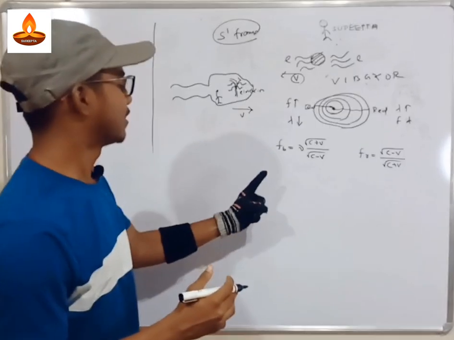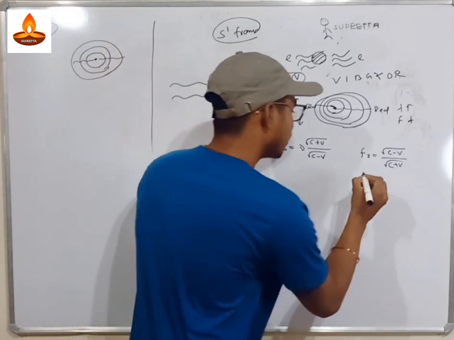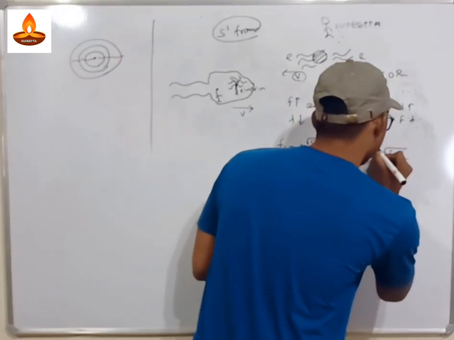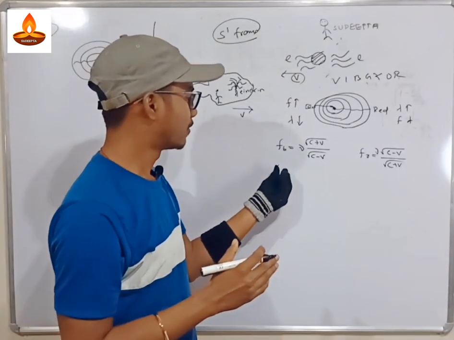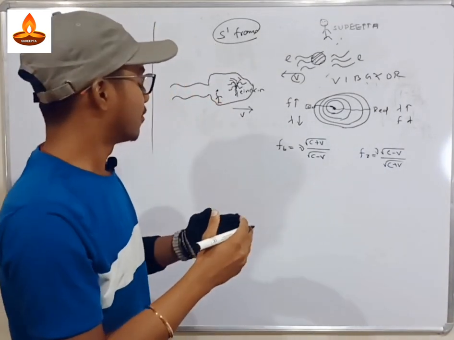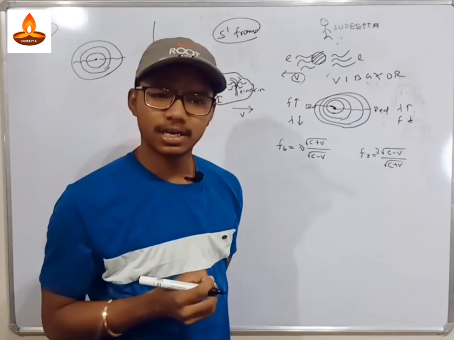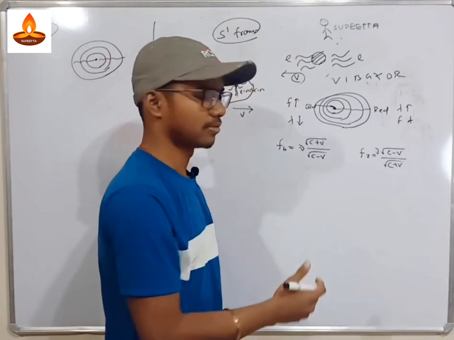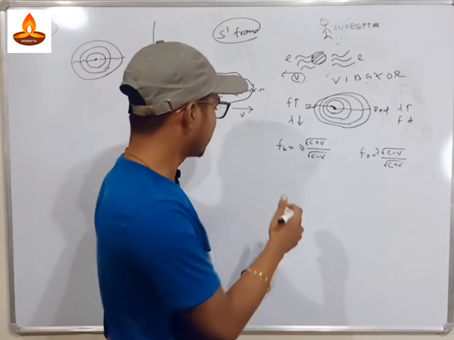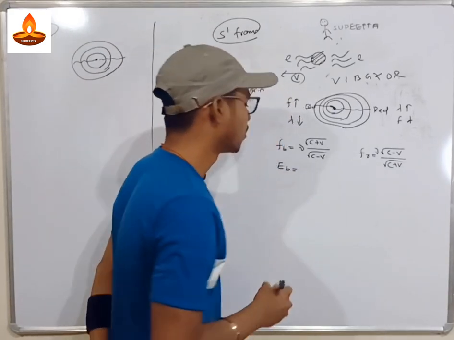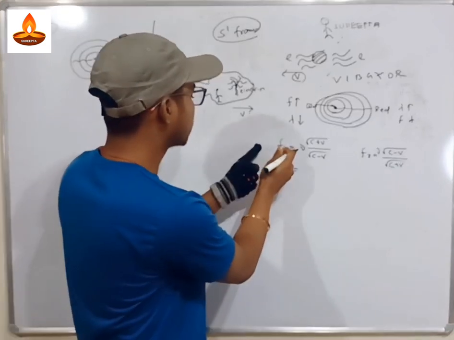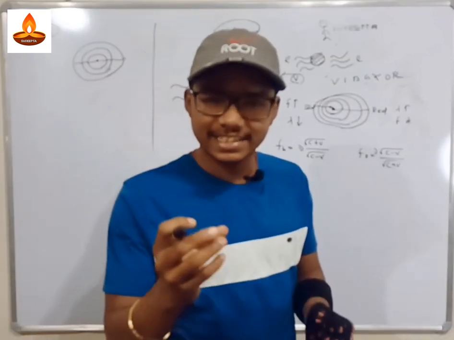So this is the frequency in the blue shift, and this is the frequency in the red shift. Sorry, I just use nu. So we have the frequency. We are also going to find the energy, EB, the energy in the blue shift. We just multiply the frequency by Planck's constant h.